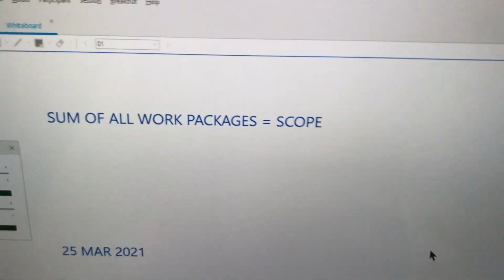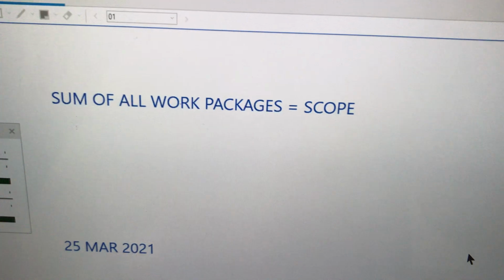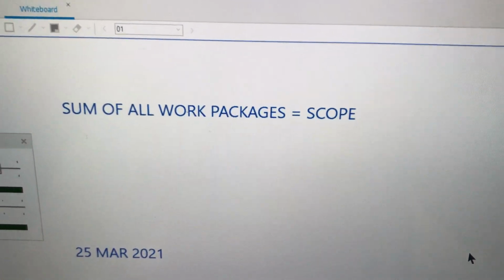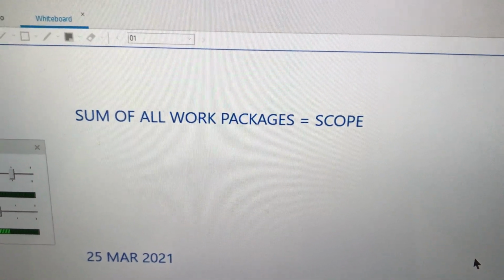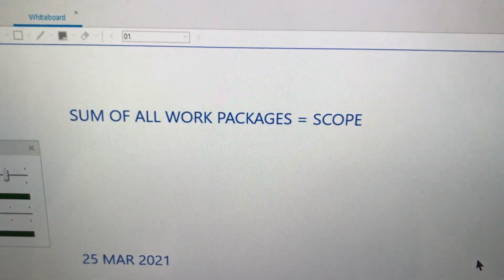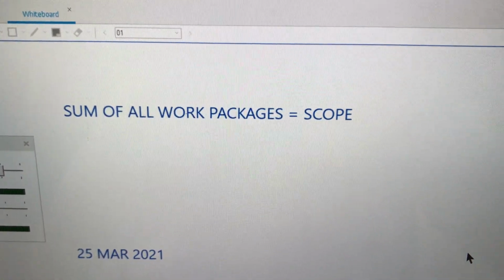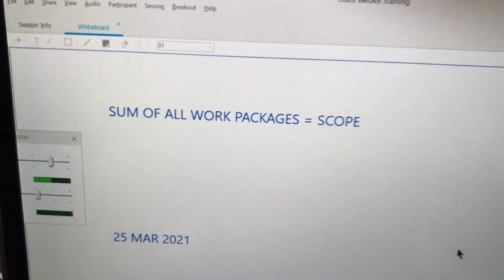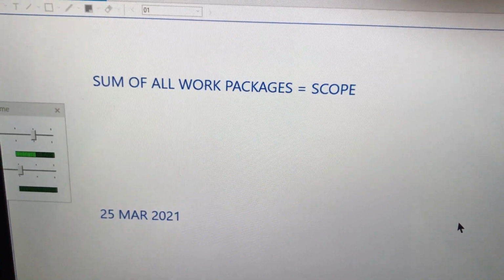In any WBS, there is only one scope. A sub-level scope is actually not a scope. So there's only one scope in one WBS. Am I right? 100% correct. There is only one scope in any WBS.